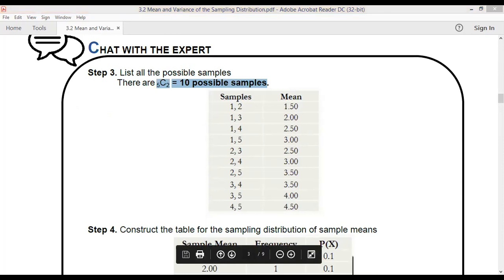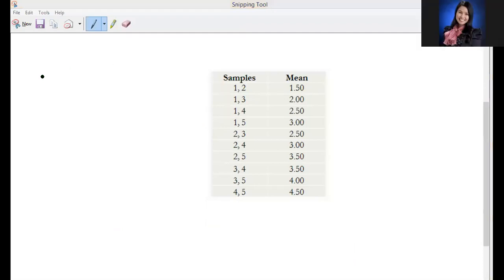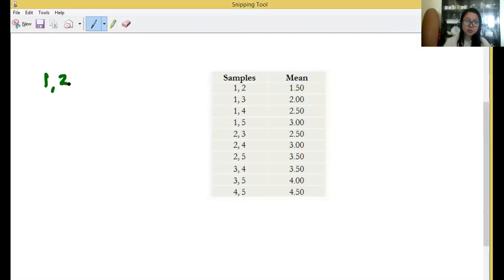Now, how do we list the samples? Let's go back to our technique last time. Remember, we have numbers 1, 2, 3, 4, and 5. Size 2. So let's have 1 and 2 first. Next, 1 and 3. Next, 1 and 4. Again, these are combinations.